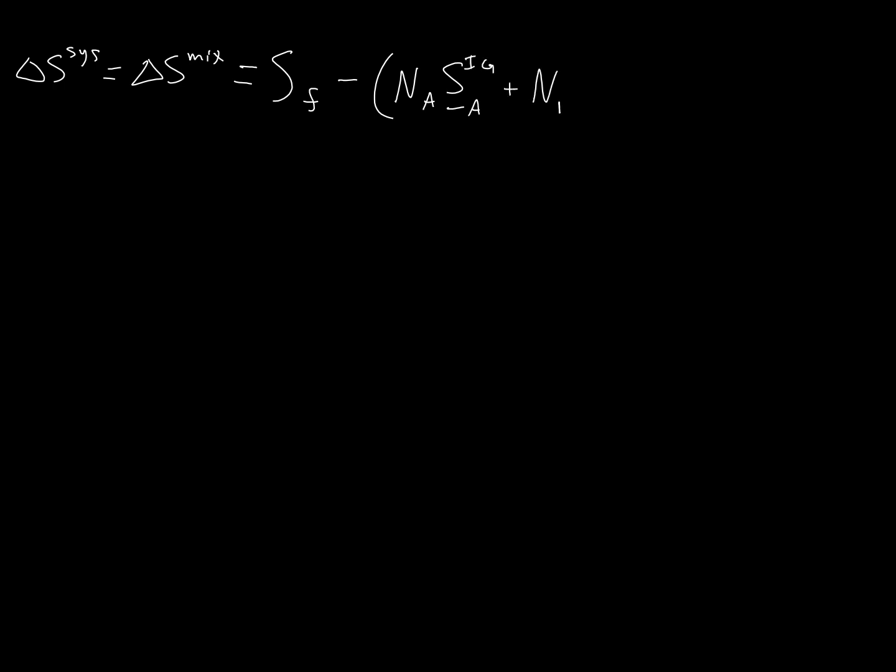Okay, so our result, when we put everything together, is that the delta S of the system, which is the same thing as the delta S of the mixing, is equal to the S of the final state minus the S of the initial state, which we're going to say is n_A S underbar of A plus n_B S underbar of B. This is equal to, looks like I got to update my notes.